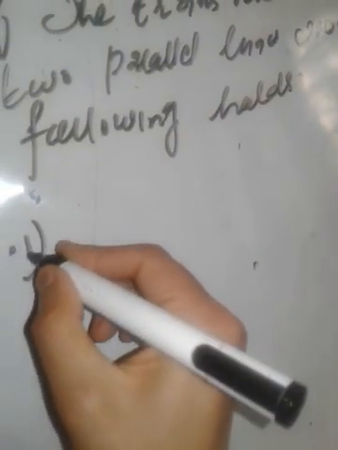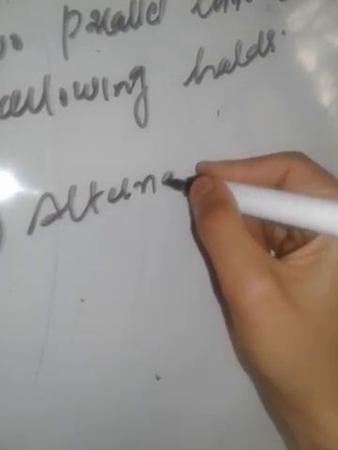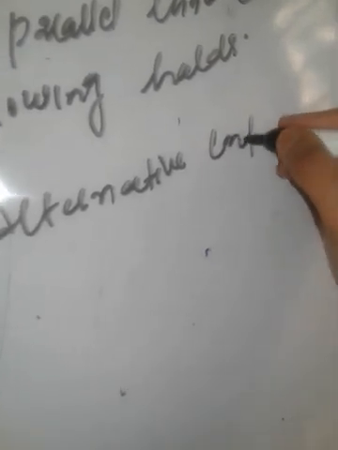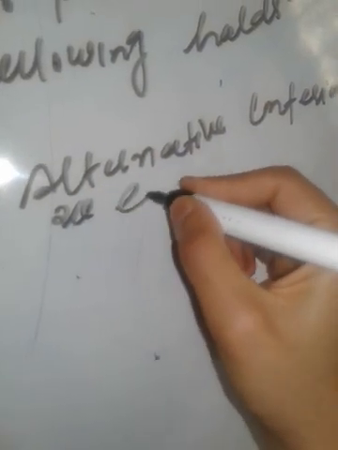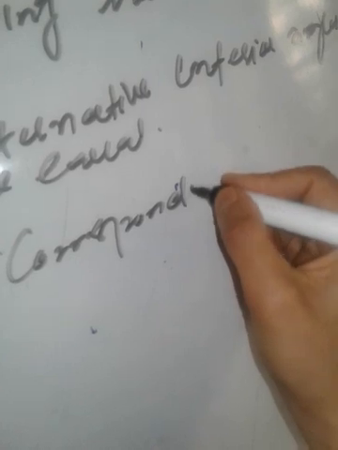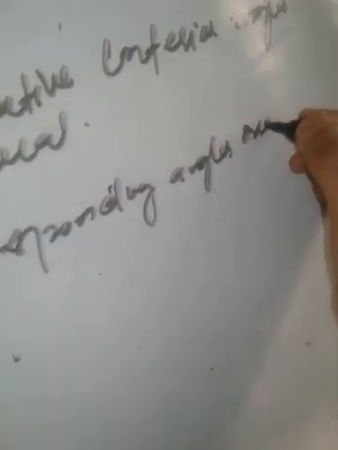Number one, alternate interior angles are equal. Number second, corresponding angles are equal.